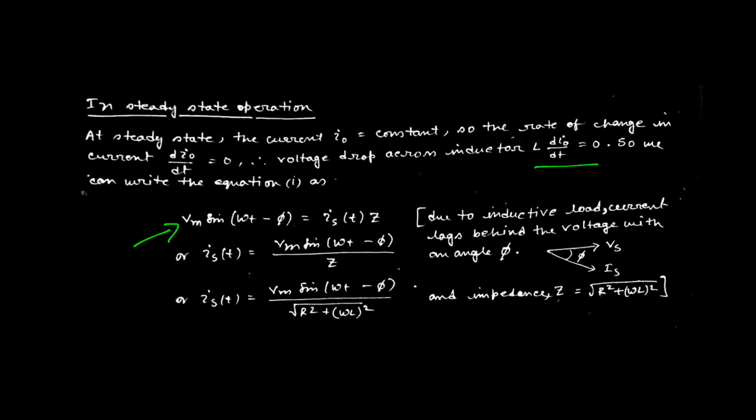So the steady state component of the current i_ST can be defined as Vm sin(omega t minus phi) divided by Z. After putting in the value of Z, we have i_ST equal to Vm sin(omega t minus phi) divided by the square root of R squared plus (omega L) squared. So this is the expression for the current under steady state operation.